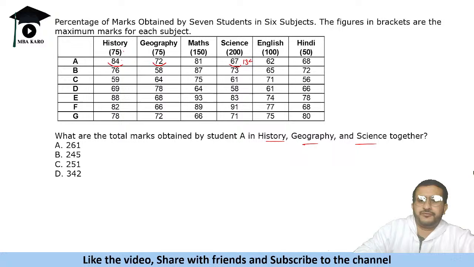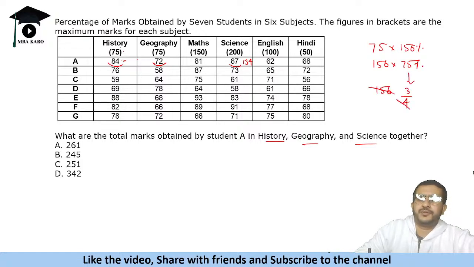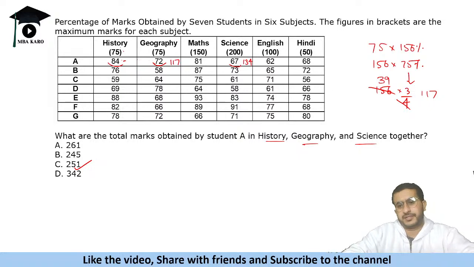So this is 134, and this is 75% of 156. 75 into 156%, or you can say 156 into 75%. 75% should be 3 by 4. So 156 into 3 by 4. You will get 39 into 3, 117. So combined 117 and 134, you will get 251 marks.